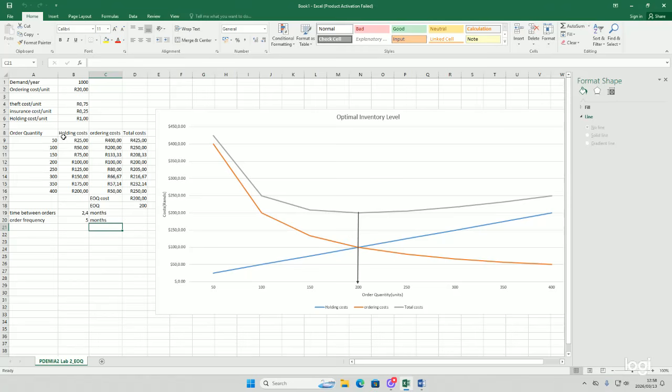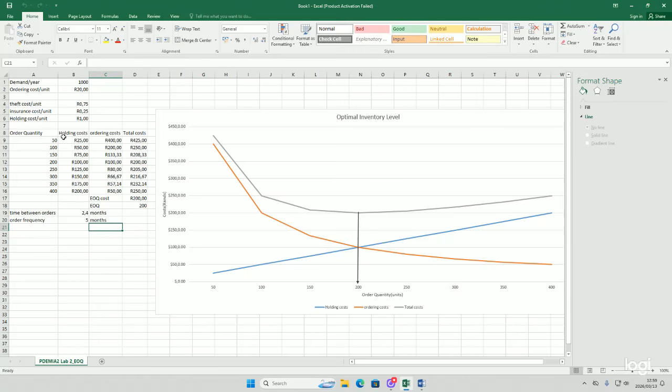Like I said before, EOQ is used in inventory management. It helps us reduce ordering frequencies. You see, now I've calculated my order frequency.